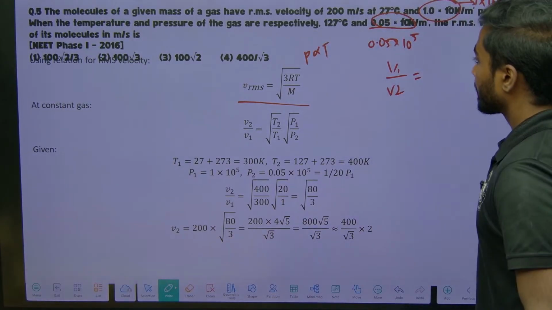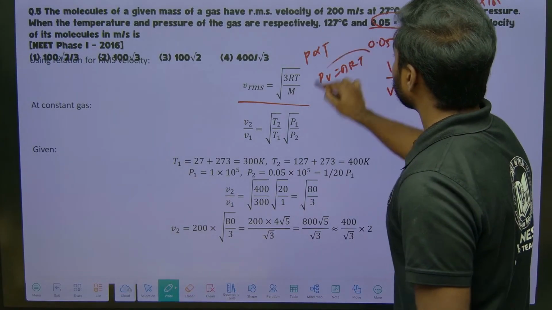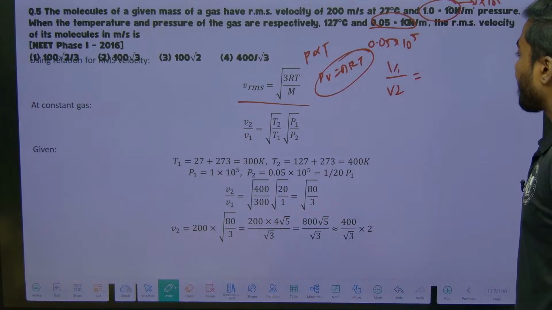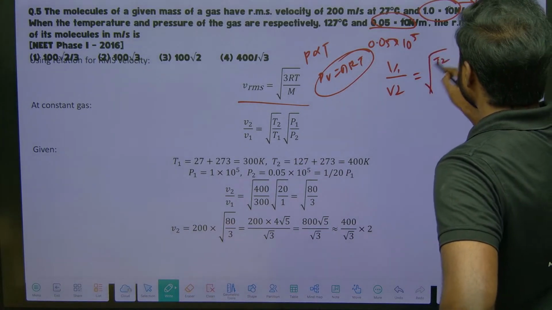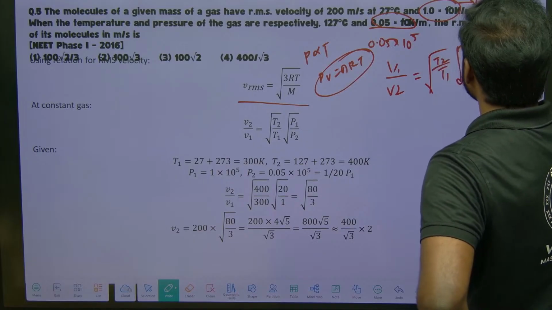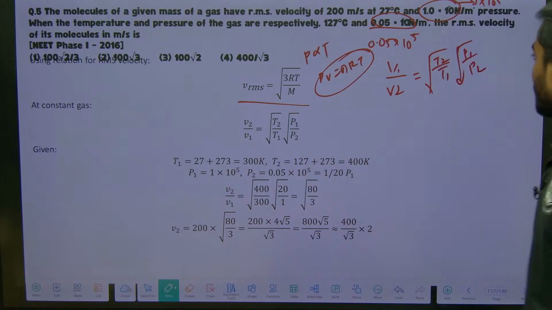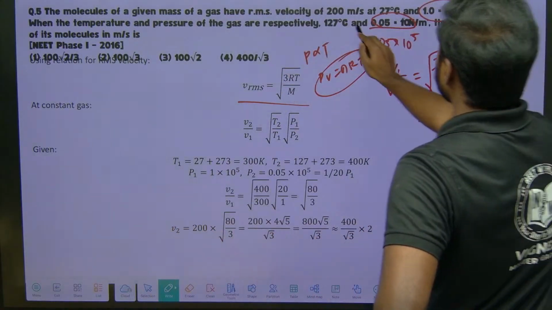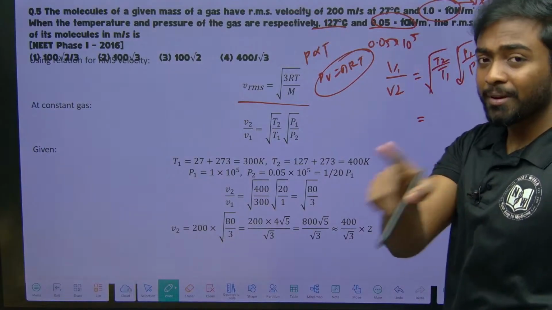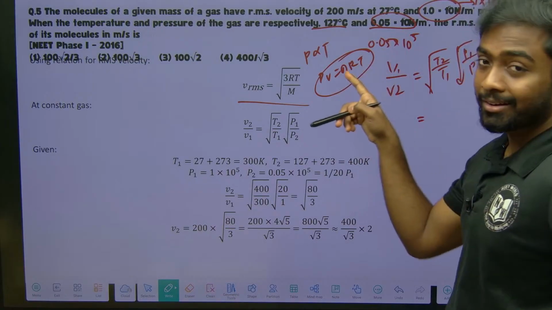PV equals nRT, got it? And if you see here, it is T2 by T1 and P1 by P2. What is T2? 127 plus 273, so we get 400.